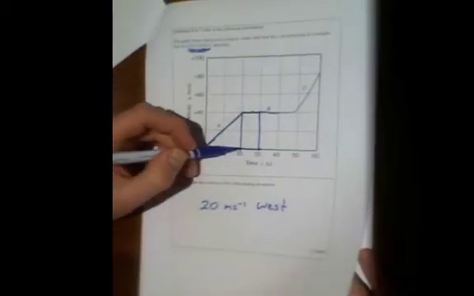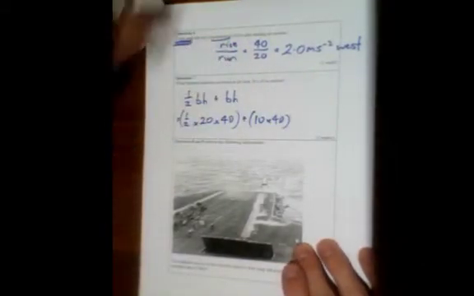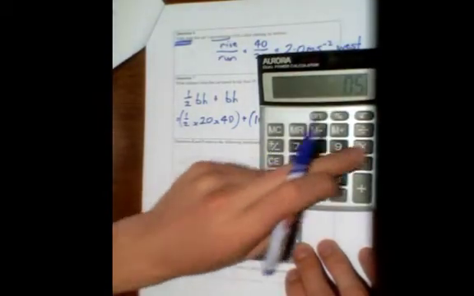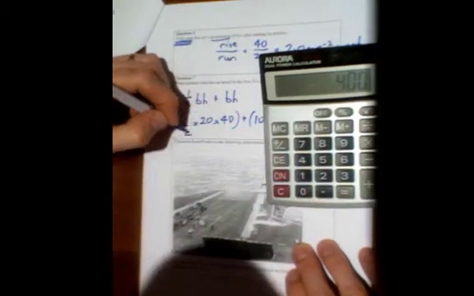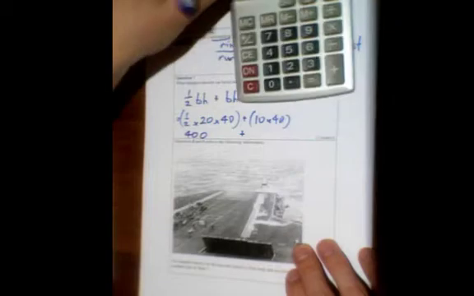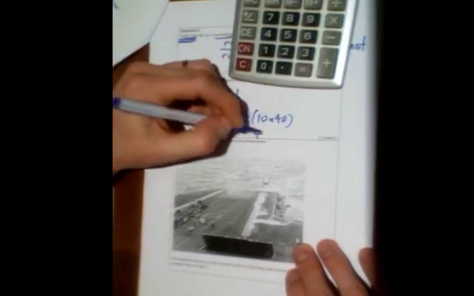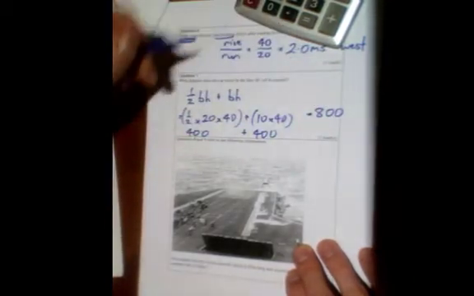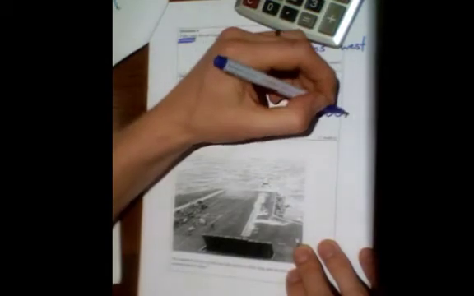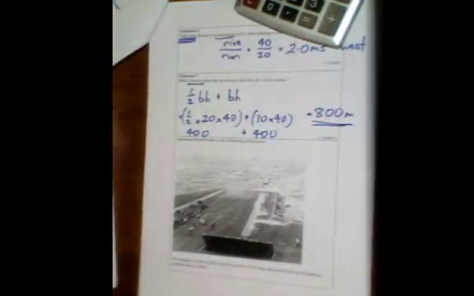The base of the rectangle is the difference between 20 and 30, that's 10, and the height's 40. So 10 times by 40. We did 0.5 times by 20 times by 40 equals 400, plus 10 times 40, no prizes for guessing what that is. 10 times 40 is 400. 400 plus 400 is equal to 800. 800 what? 800 metres.